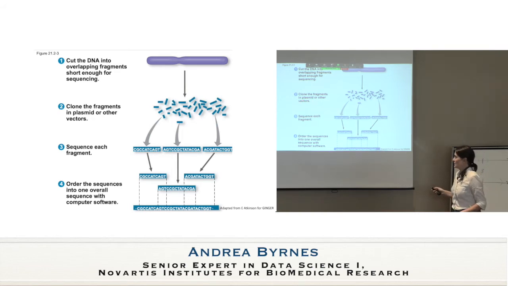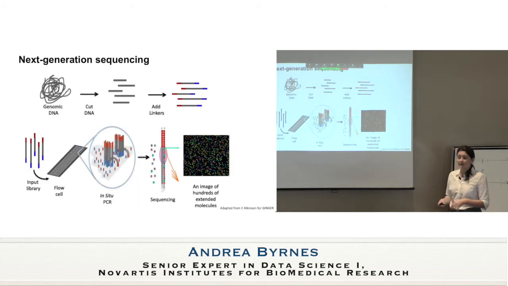This keeps us from having to collect tons and tons of DNA. And we sequence each fragment one at a time, put all the sequences into one big sequence with computer software. And again, this can be done in the style that I mentioned before, where it's kind of like a puzzle that has no picture. Or if you have a reference genome to use, you can use the picture or the reference to help you put things where you want them to go.